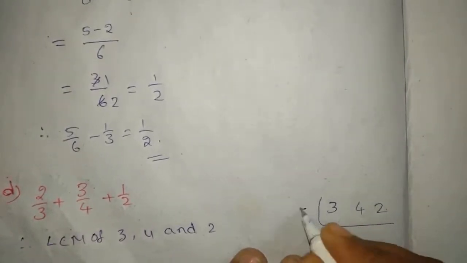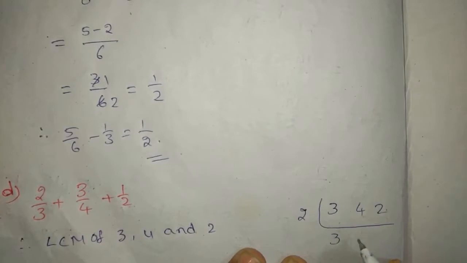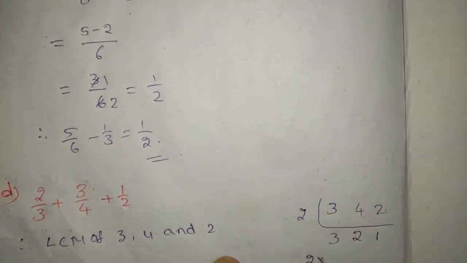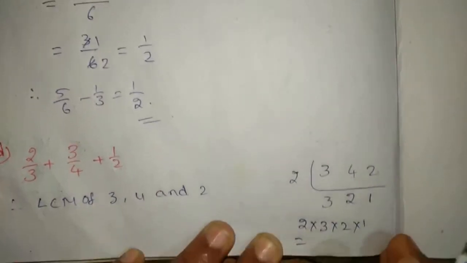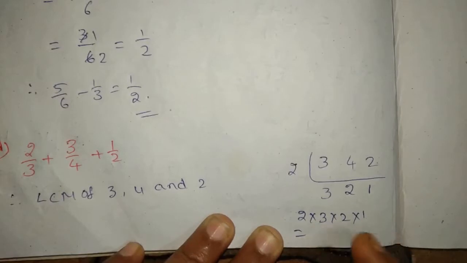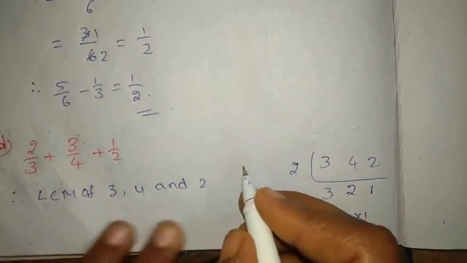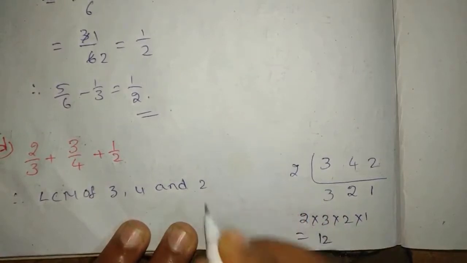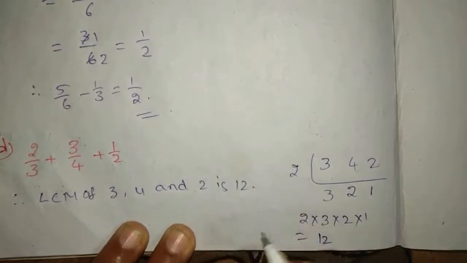First in 2 table, 3 as it is, 2 2s are 4, 2 1s are 2. Therefore LCM is 2 into 3 into 2 into 1. That is equal to 2 3s are 6, 6 2s are 12. Therefore LCM of 3, 4 and 2 is 12.